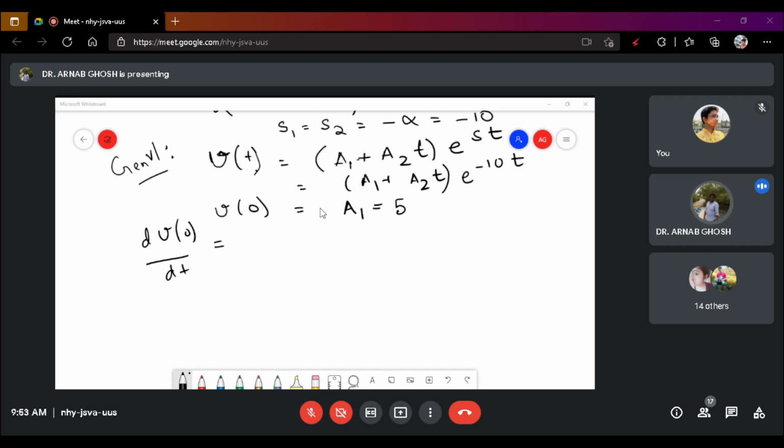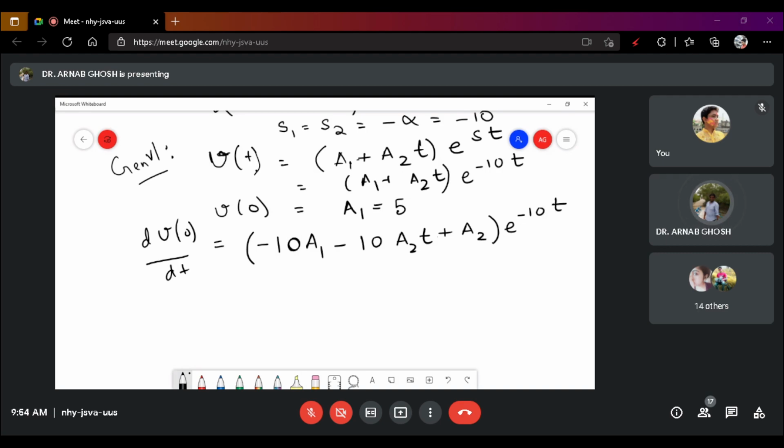If you just differentiate, from this expression, this will come out as minus 10 A1 minus 10 A2 t, and using the uv formula, plus A2, into e to the power minus 10t.